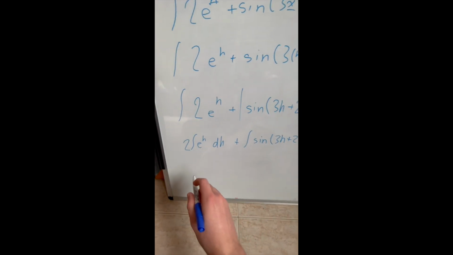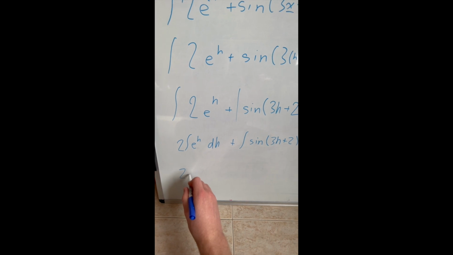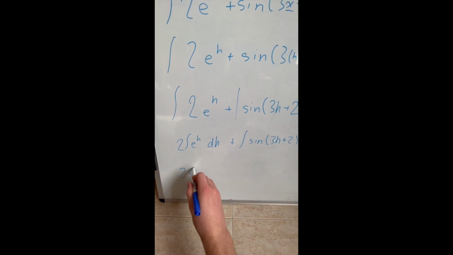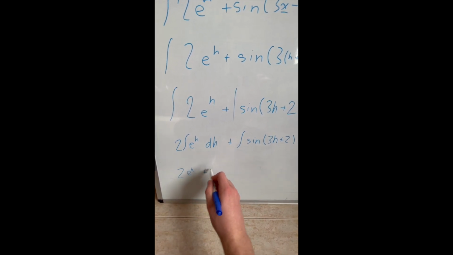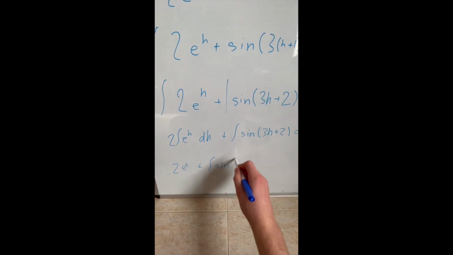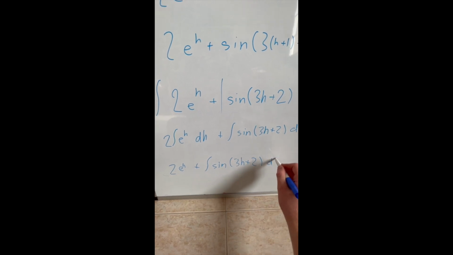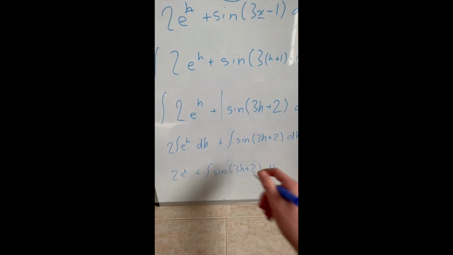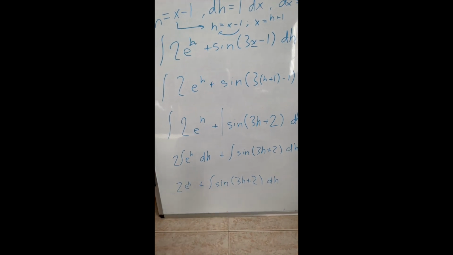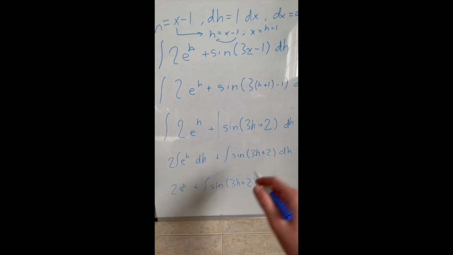We can solve this one already: 2 times e to the power of h, plus the integral of sine of 3h plus 2. Now, this right here is a function, so we cannot integrate it just like that. We have to substitute this again by something else.